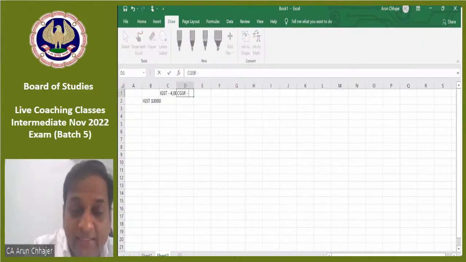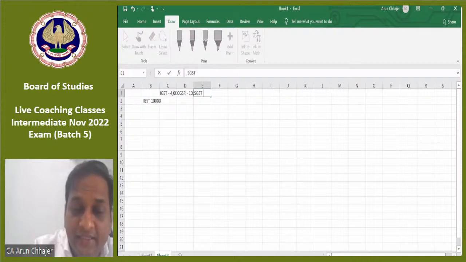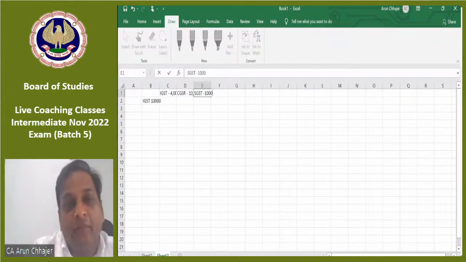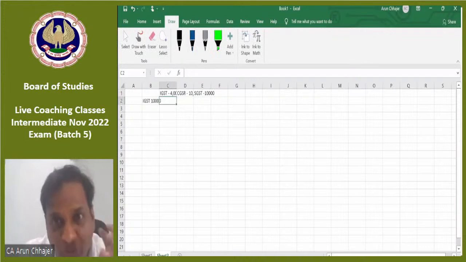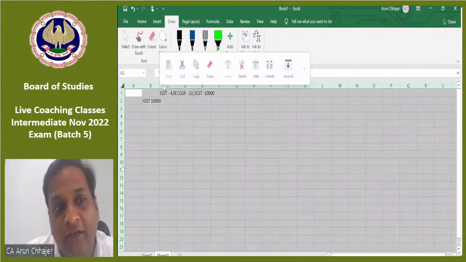CGST has 10,000. SGST has 10,000. My question is, is there any sequence? Is there any order?